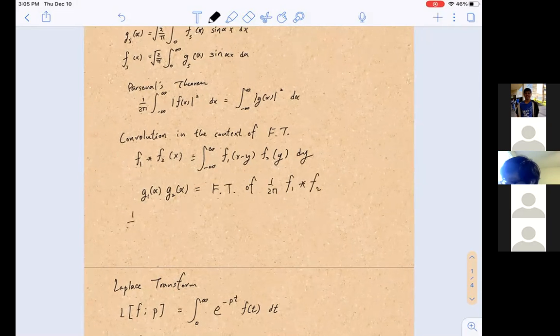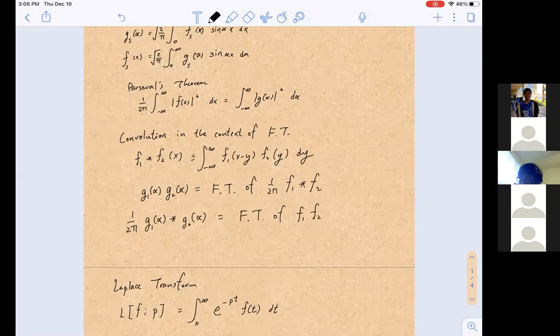And if you run the argument the other way, the convolution of the Fourier transforms is the Fourier transform of the product. So convolution and product are like dual to each other.